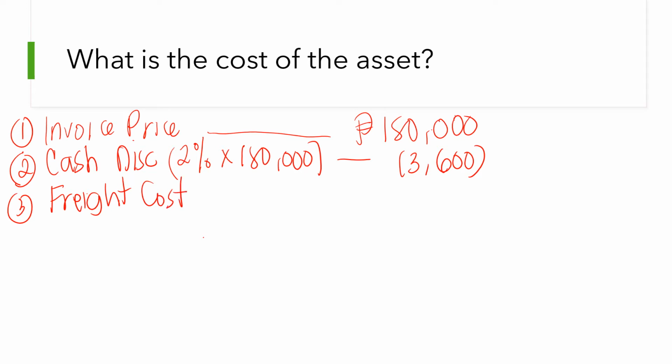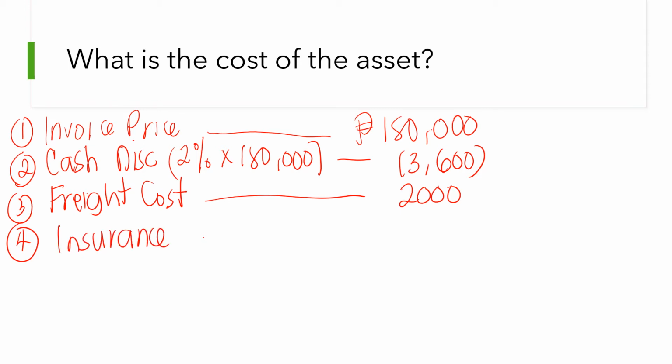The freight cost is 2,000. Aside from the freight cost, we also have insurance during transportation. The insurance cost is 1,500.